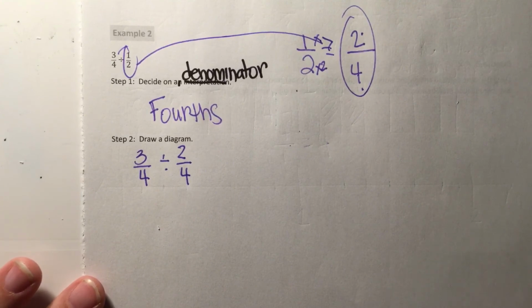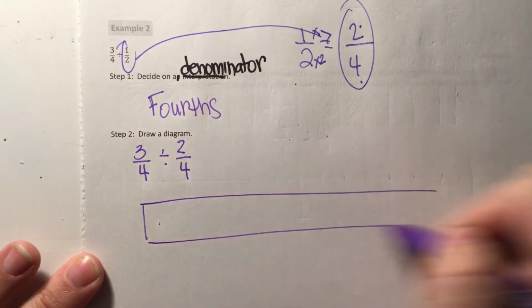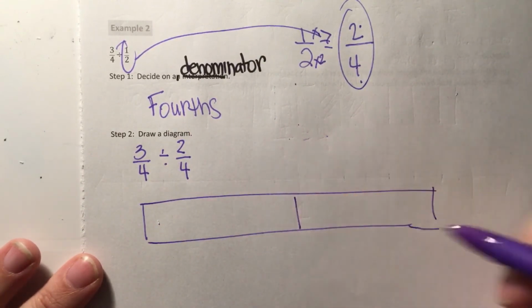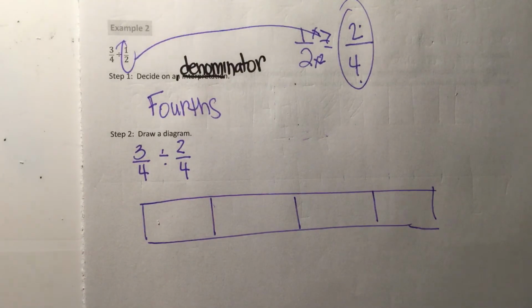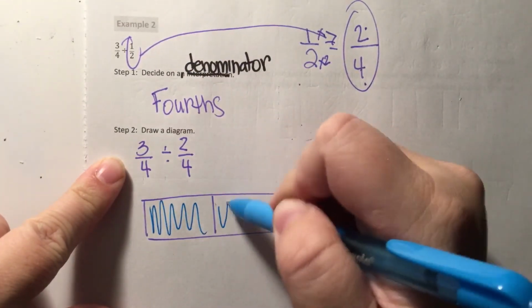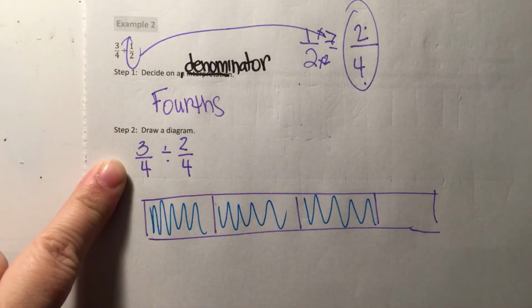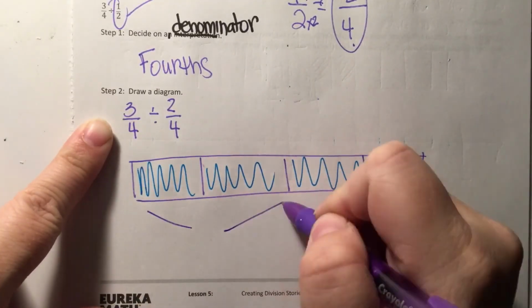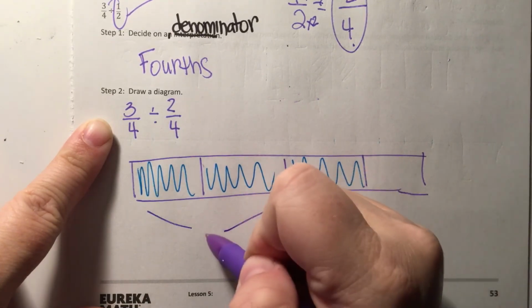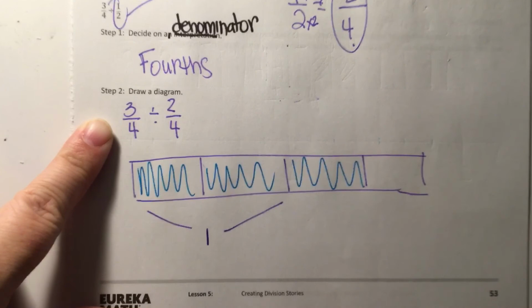Awesome. Okay, so let's draw our diagram. We have 3/4, right? 1, 2, 3. We have 3 pieces, and each person needs how many pieces? They need 2 pieces, right? So this is 1 whole, and how much do we have left out of the 2? 1 out of 2, right?